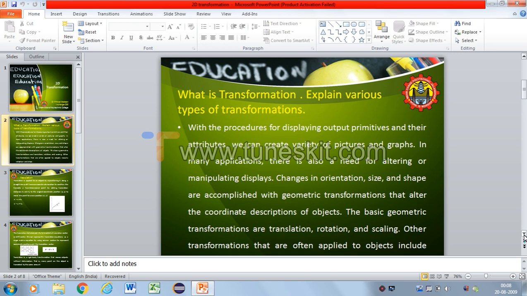But in some applications, there is also a need for altering or manipulating the displays, the pictures or graphics you create. So transformation is changes in orientation. Orientation means angle, size.